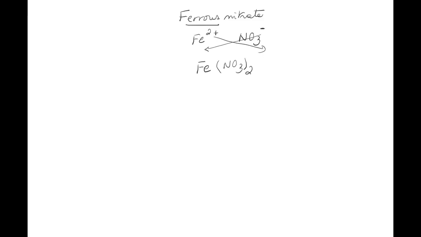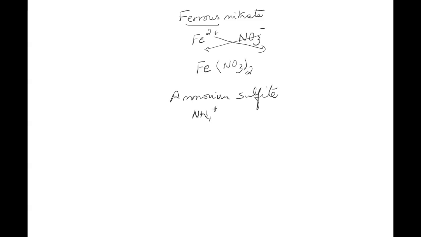One last example, and I will leave you with this. Let's write the formula of ammonium sulfite. Ammonium is a polyatomic ion that has the formula NH4 and a +1 charge.